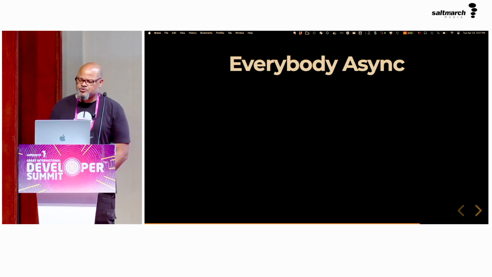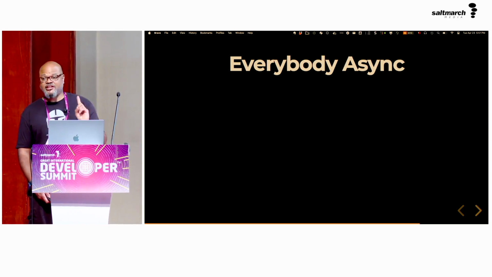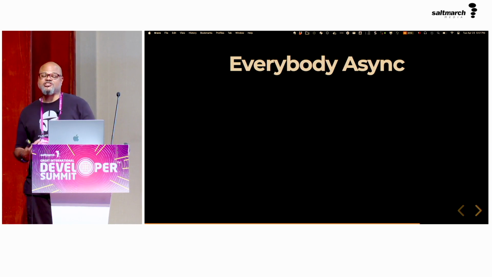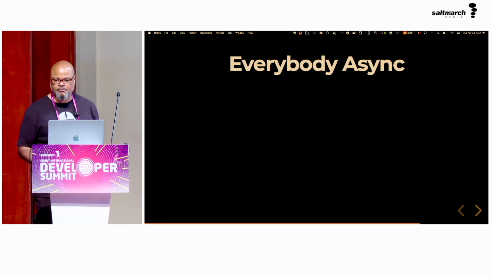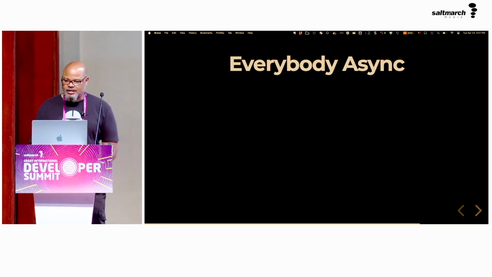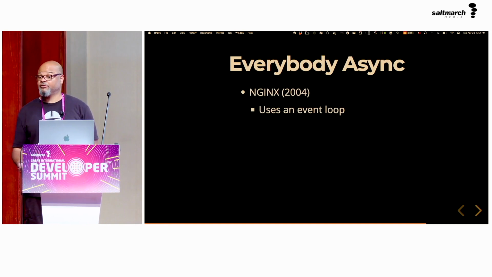So the major difference with Nginx was that, well, number one, the main design goal was that they wanted to control the C10K problem, which is the scalability issue that prevents Apache from getting more than 10,000 frequent requests. And they solved this by using an event-based approach for handling requests.